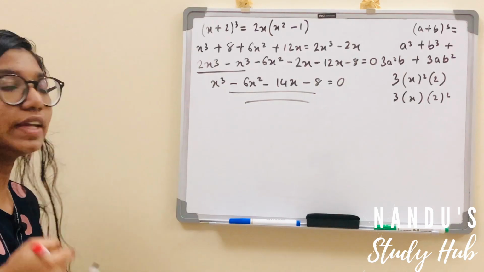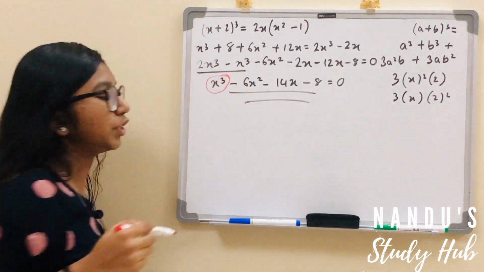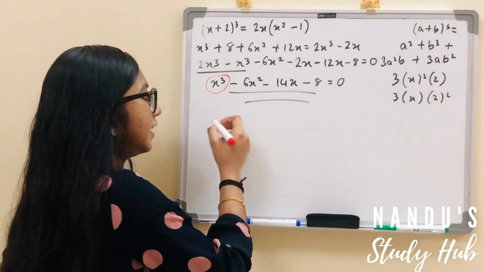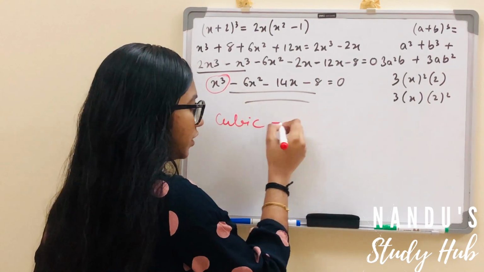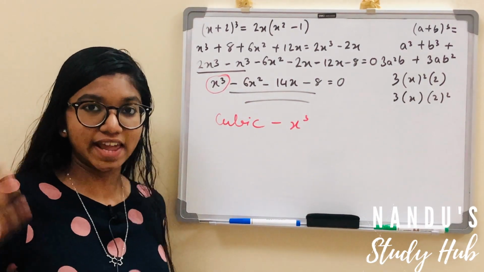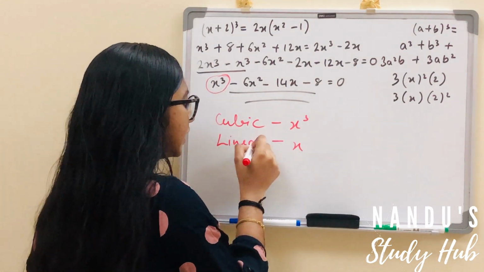Okay. Now in this answer we have something different. We have an x cube instead of an x square. So when you have an x cube instead of an x square, it is a type of cubic equation. Similarly, in some cases you can have just an x. So just an x is a type of linear equation.